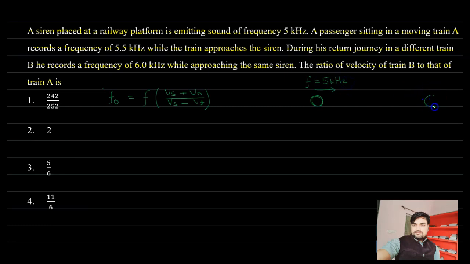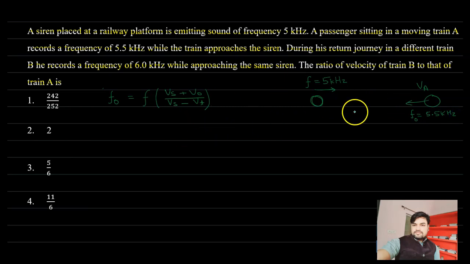An observer is approaching this platform, let us suppose with velocity A, and the frequency observed is 5.5 kHz.